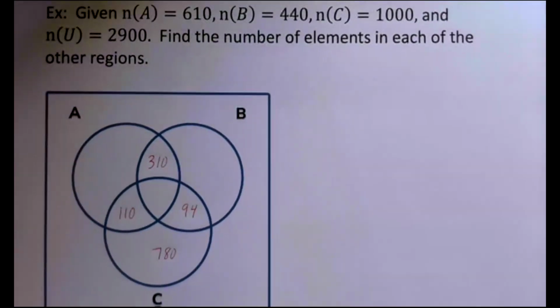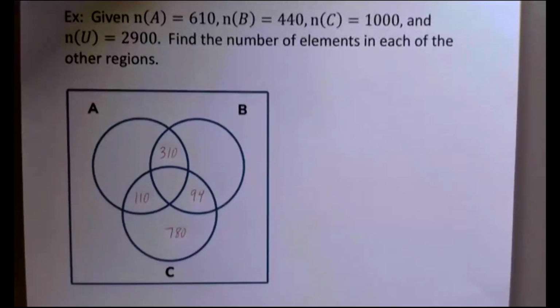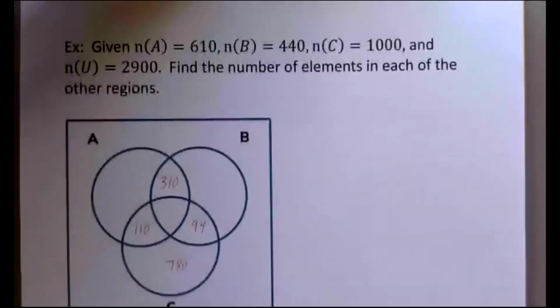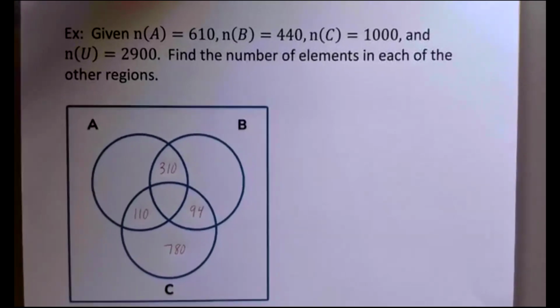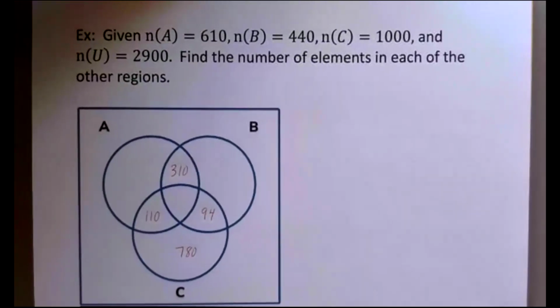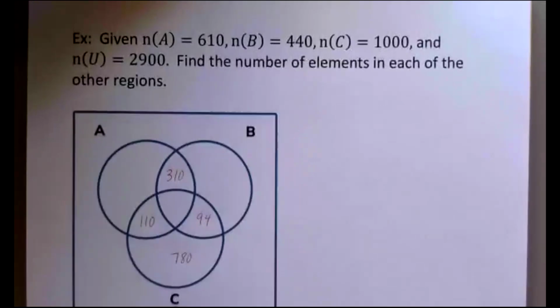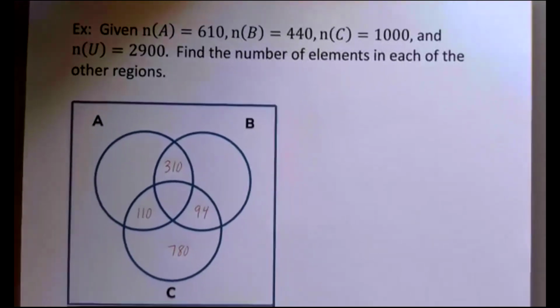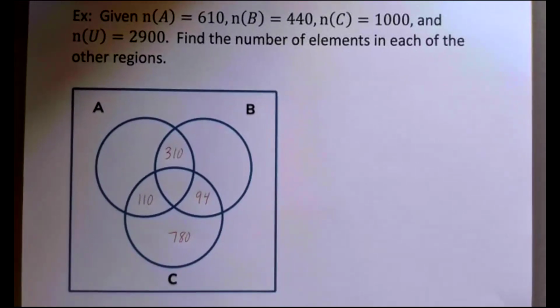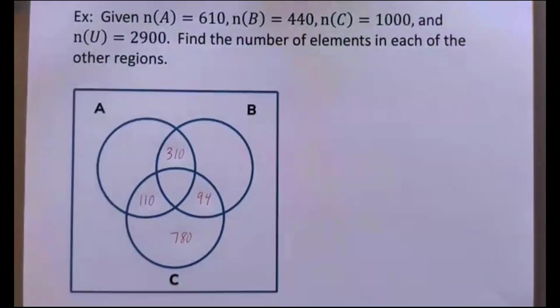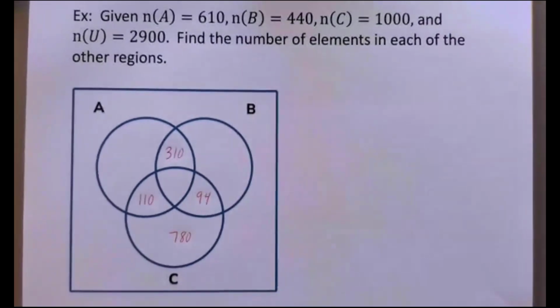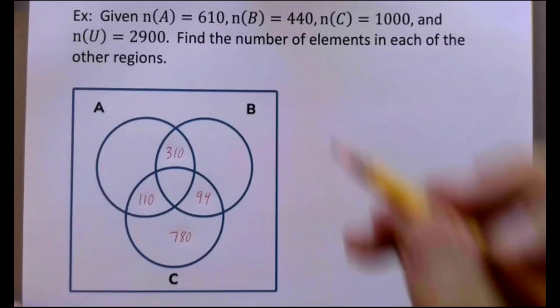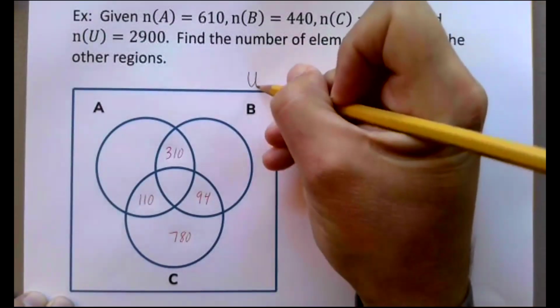Let me move my camera a little so we can see a little more of this page here. When we're talking about the universal set, we are talking about the whole rectangle.